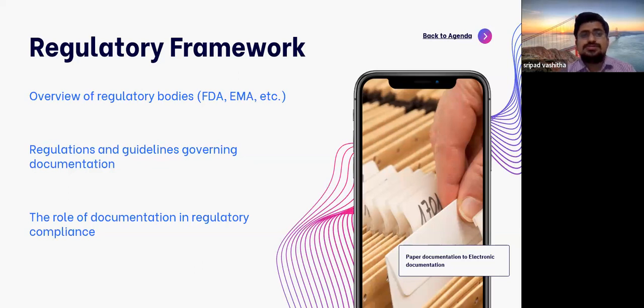We do have regulatory bodies, so-called health authorities or regulatory authorities, individually for each country. FDA is for the US, the EU has EMA, India has one, and Japan has one. So each country has its own regulatory authorities.